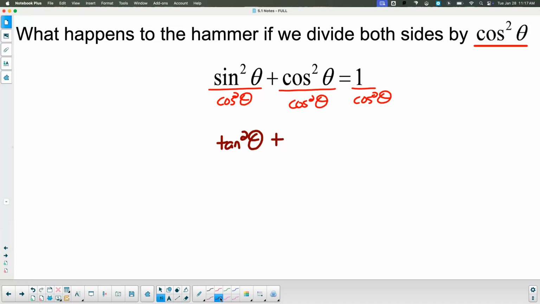That's 1. 1 divided by cosine squared. Secant squared of theta. Yep.